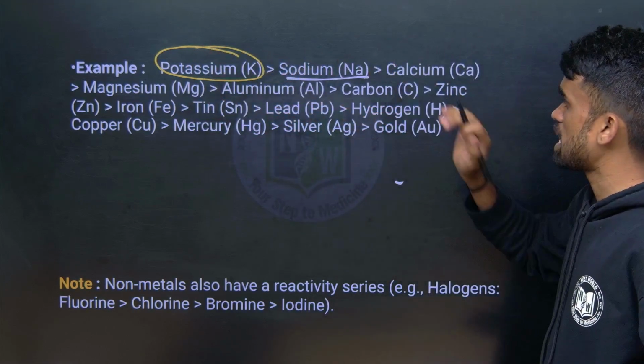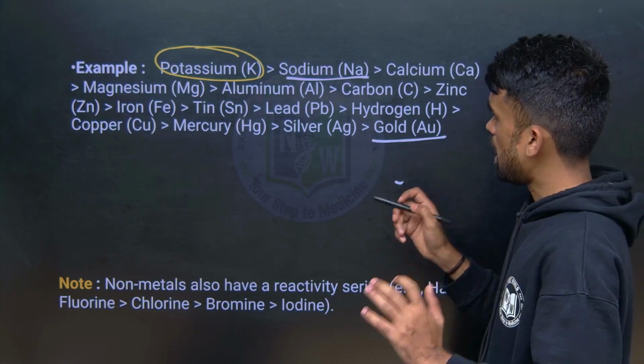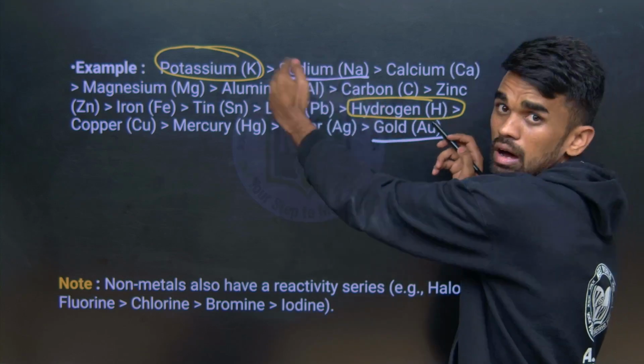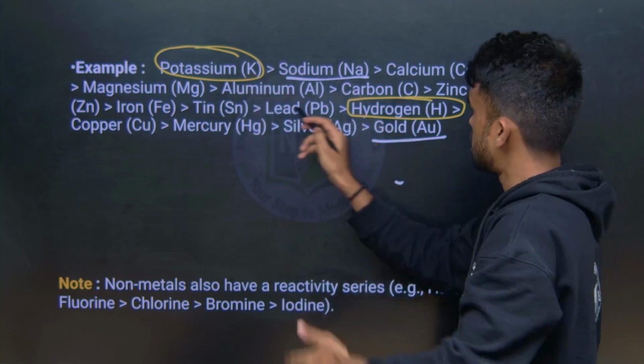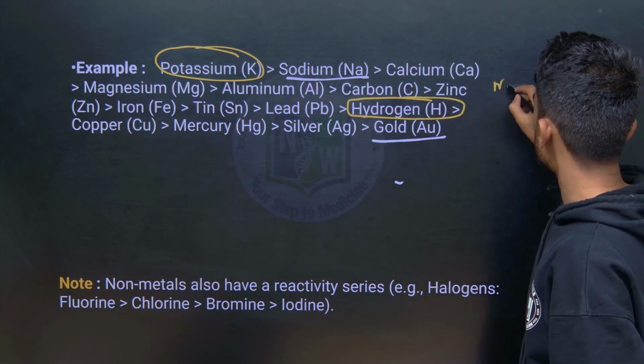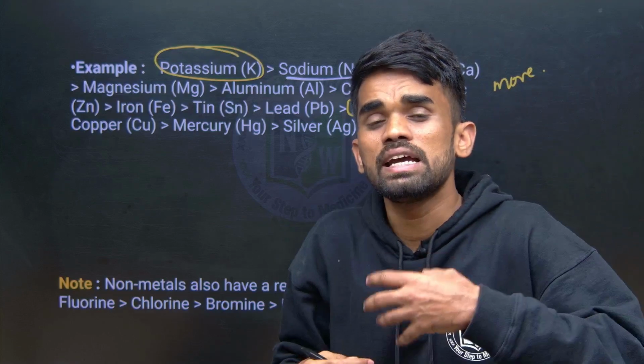Sodium is more reactive than calcium, like that. Which is least reactive here? Gold. The elements which are above hydrogen are more reactive, and they can displace hydrogen gas from its acid.